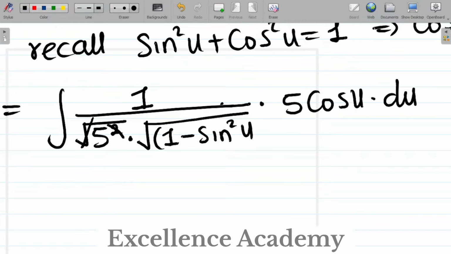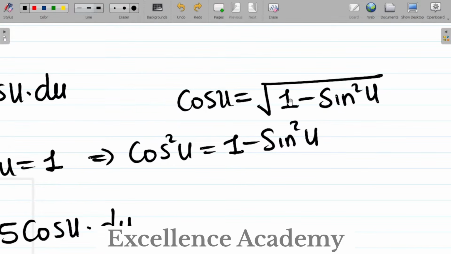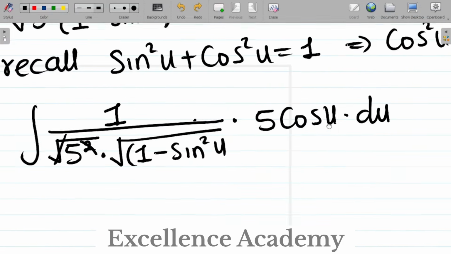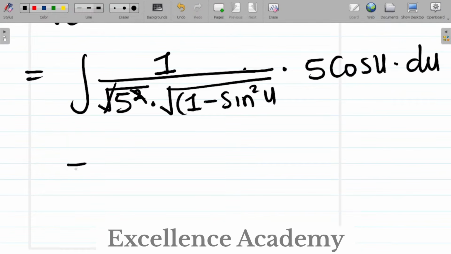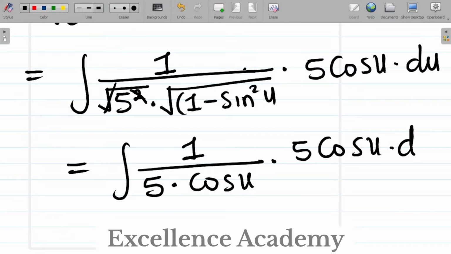Also, we know that the value of the square root of 1 minus sine squared u is cos u. So let's impute that value here. This will be equal to the integral of 1 all over, here I'm left with 5 times the value of root 1 minus sine squared u, which is cos u, so 5 cos u, times 5 cos u du.